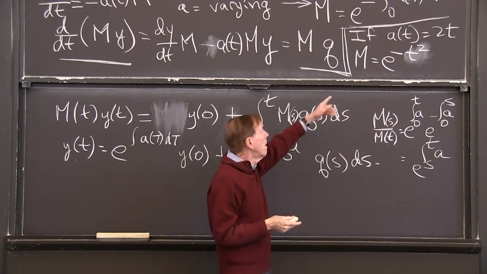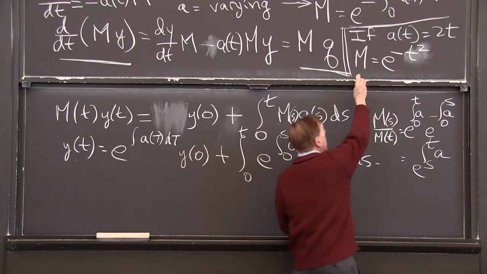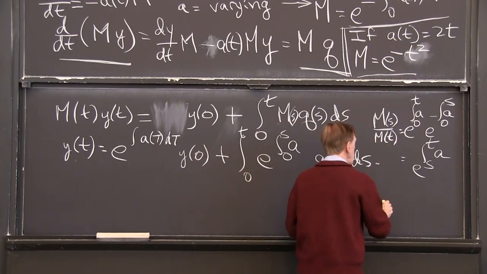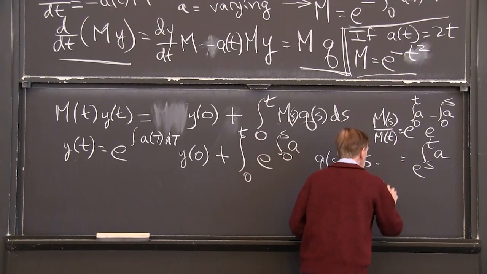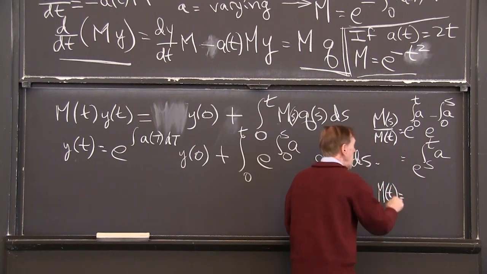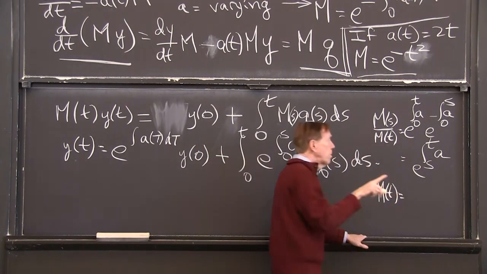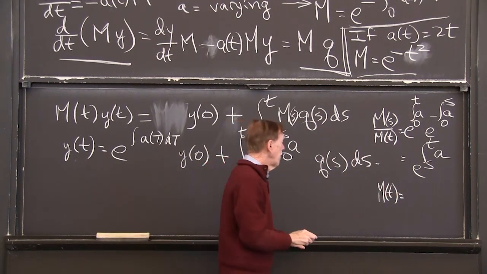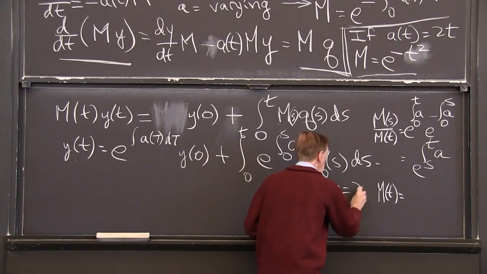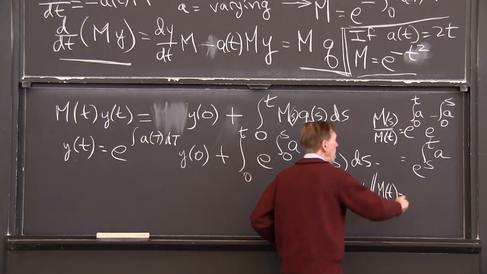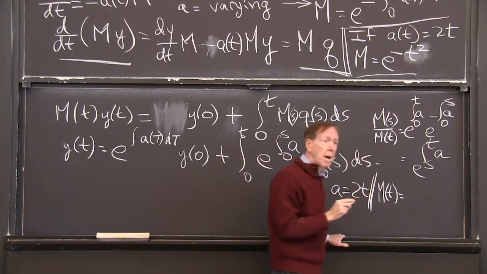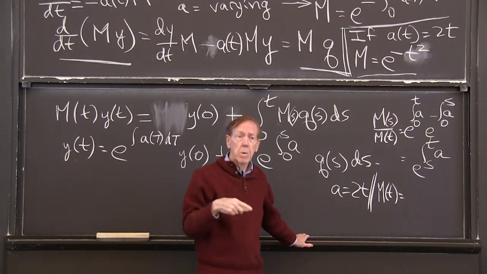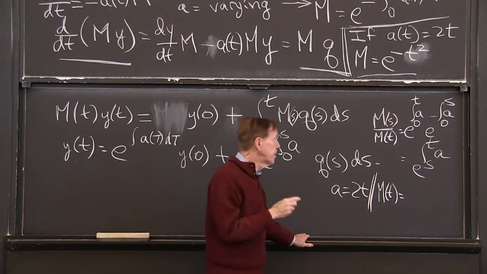Let me do our example. Our example up here. M of t will be when a is equal to 2t. This was the example a equal 2t. The first time we've been able to deal with a varying interest rate.